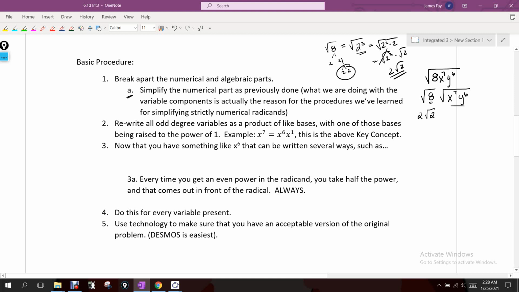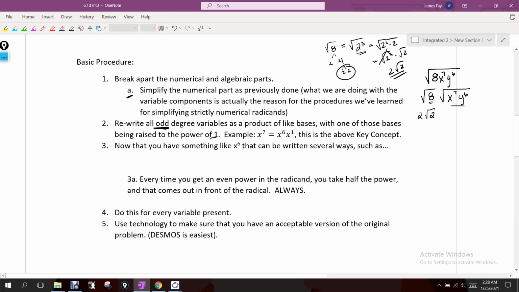Now it says rewrite all odd degree variables as a product of like bases, with one of those bases being raised to the power of 1. So this x to the 7th is the one we're talking about here, because it says rewrite all odd degree variables.